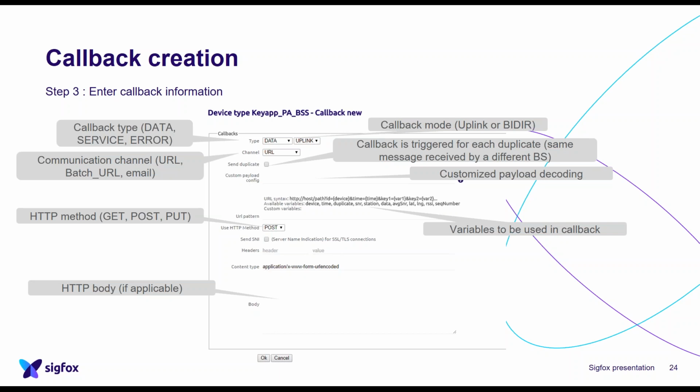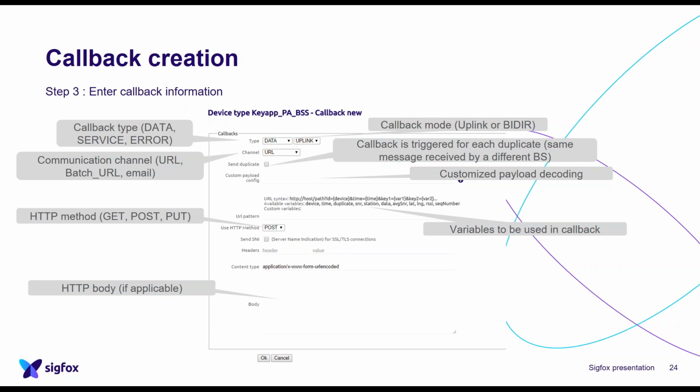You have then the send SNI option, which is the SNI extension for TLS. I suggest to click on it. Don't forget to click on it if you are using a shared platform, like a shared instance on a web hoster server.